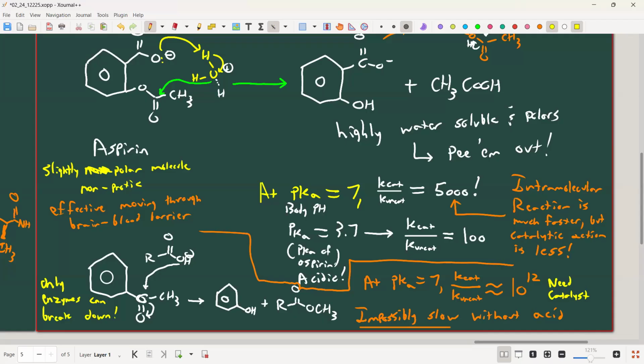It doesn't go otherwise at biological conditions. If you took this molecule in your body and you didn't have enzyme to break it down, it's going to slowly poison you. Unless you can pee it out or something, I don't know. But you absolutely need an enzyme to break it down.